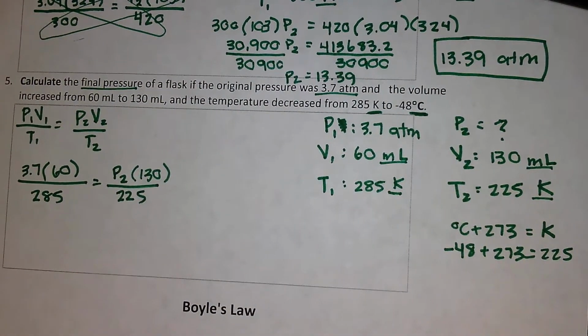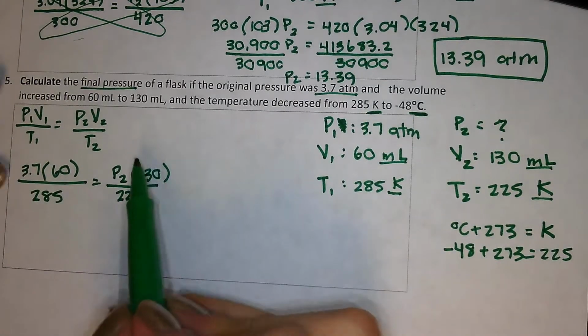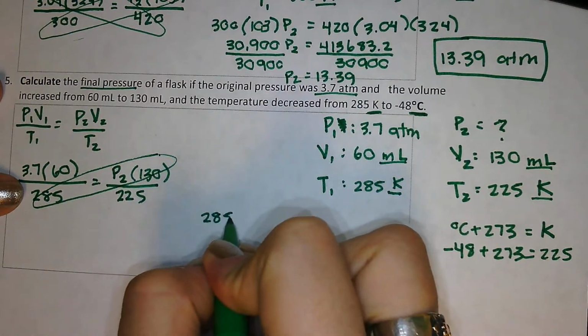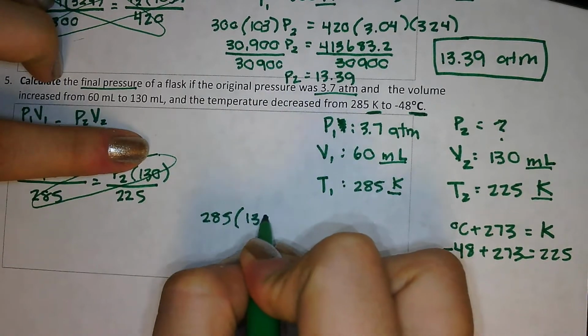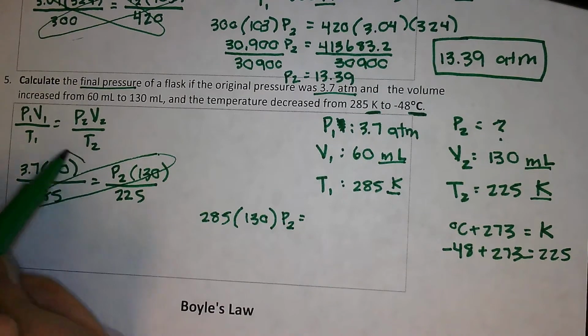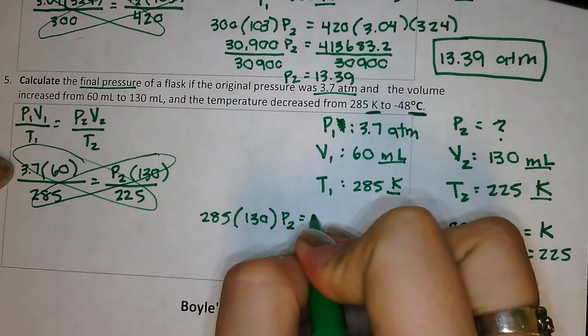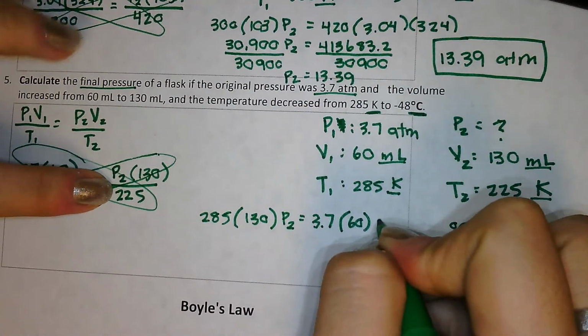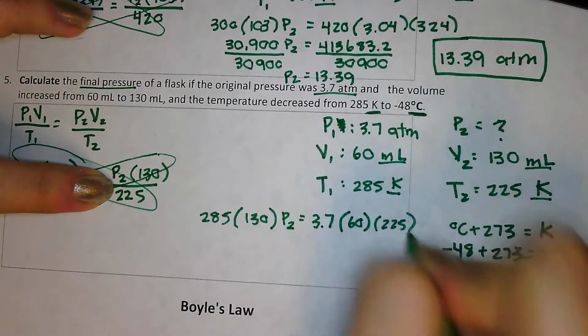And now I'm at the step where I need to cross multiply. So 285 times 130 times P2 is equal to, cross multiply this, 3.7 times 60 times 225.